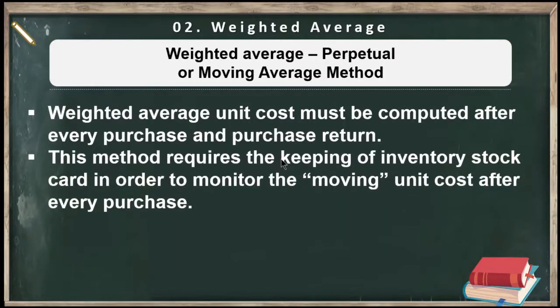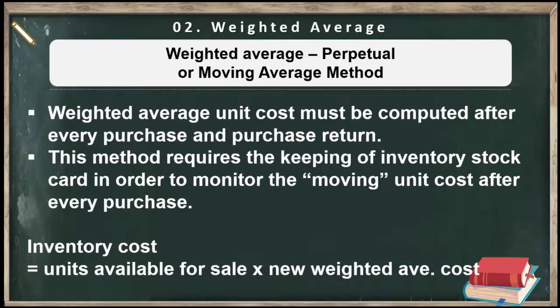So this method requires the keeping of inventory stock card in order to monitor the moving unit cost after every purchase because we're using perpetual inventory system. So the inventory cost is equivalent to the units available for sale times the new weighted average cost, which is computed again every time there's a new purchase or there is a purchase return.